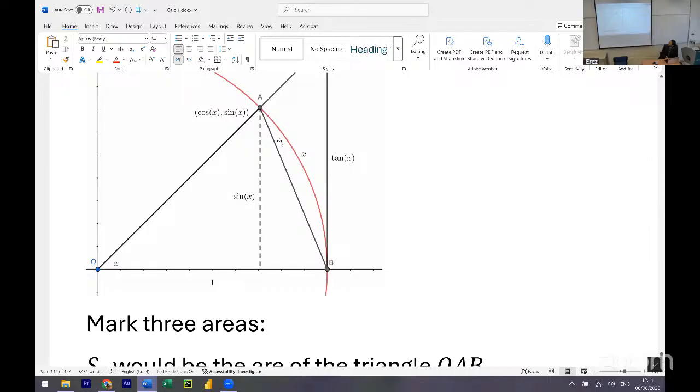Okay, you see the triangle OAB. So let's call this area S1.